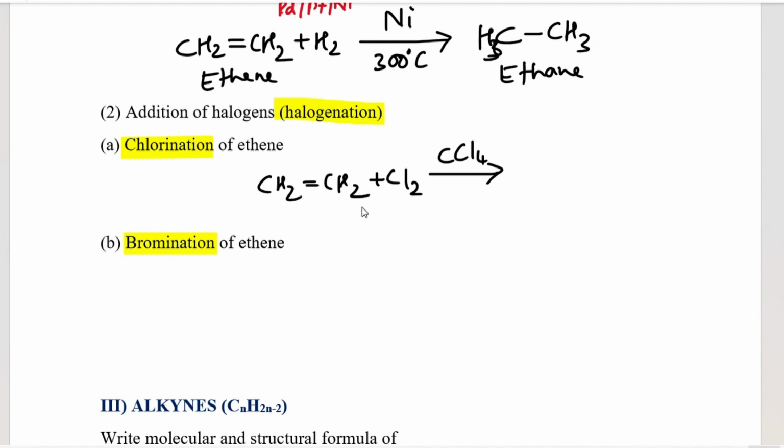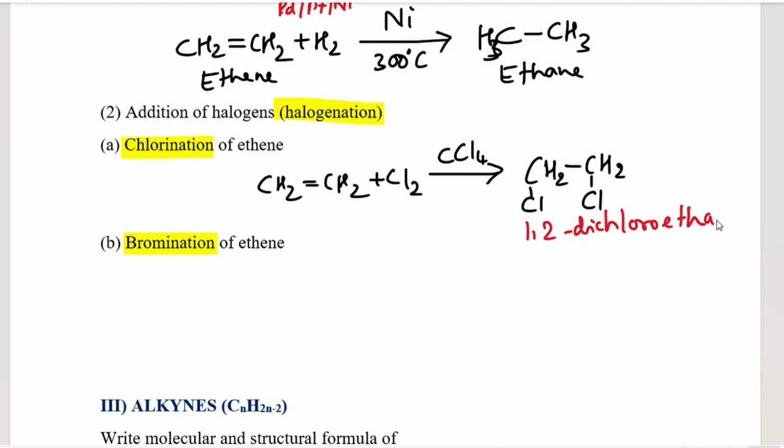Next, chlorine will add across the double bond. It will form CH2Cl, CH2Cl. One chlorine will go to this carbon, another chlorine will go to this carbon. IUPAC name of this is what? 1,2 dichloroethane.